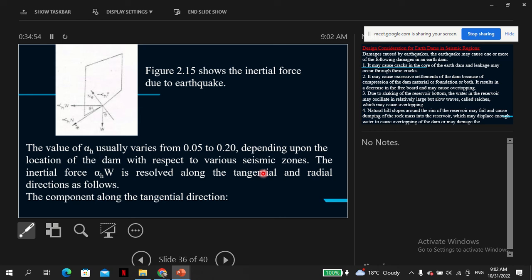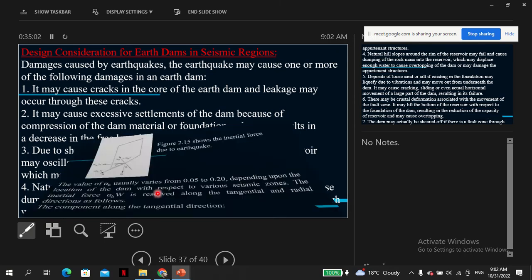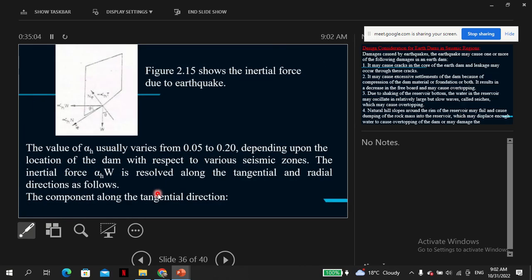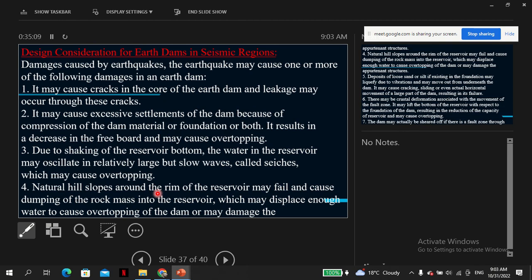This explains how to resolve the forces in the tangential and radial directions. And this is some procedure for how to design or consider the earthquake in a seismic region.